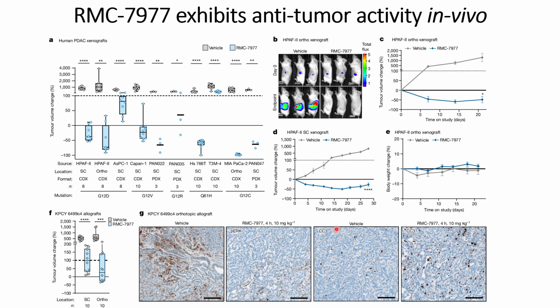So they can see that compared to the vehicle, the increase in the signal for the CC3 is high when the mice is treated with RMC-7977, and these results are after 4 hours of this RMC-7977 dosage. And here also the dosage is same, that is 10 milligram per kg.